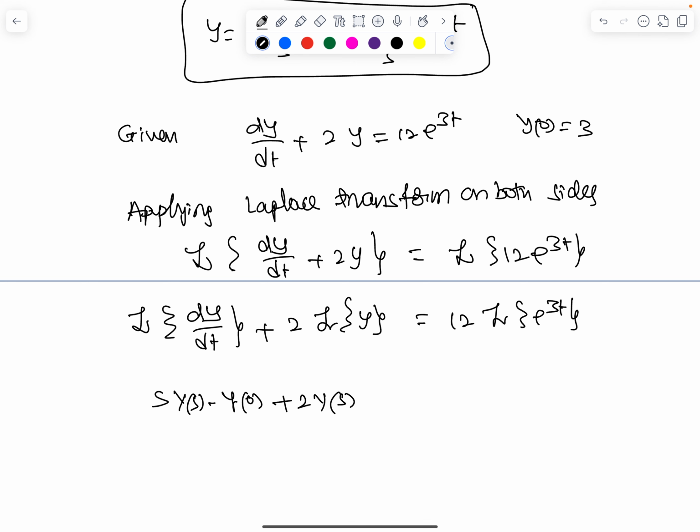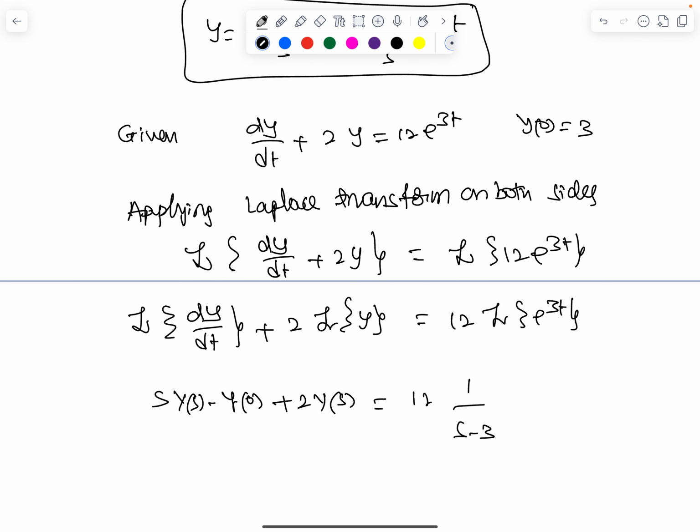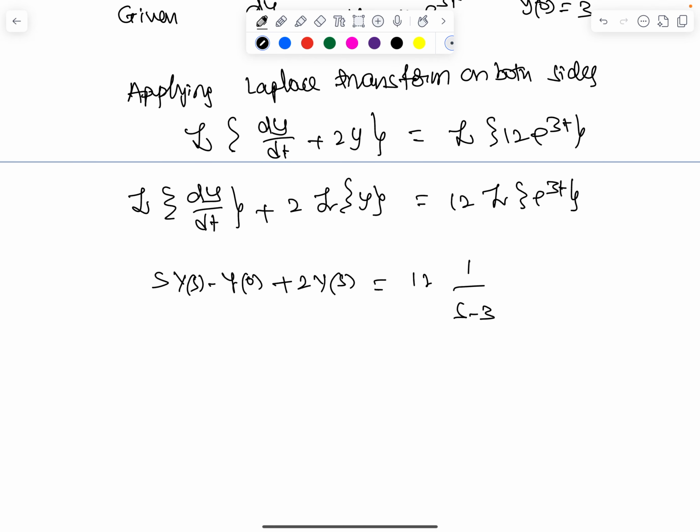The Laplace transform of y is Y of s, and for 12, the Laplace transform of e power 3t is 1 by s minus 3. So, now you can collect the capital Y of s terms, that is s plus 2. The other term is y of 0, but y of 0 is given as 3. So, that is 12 by s minus 3.